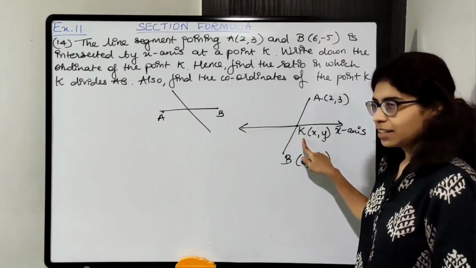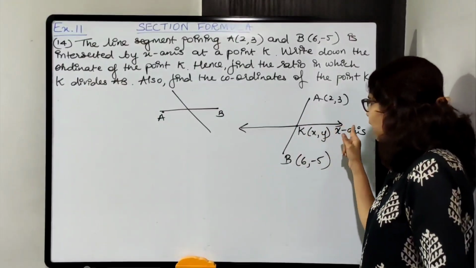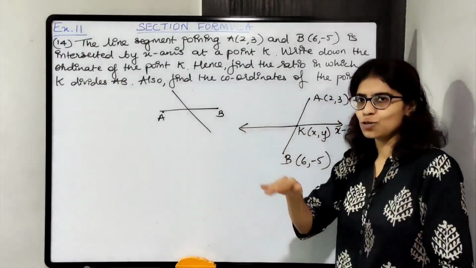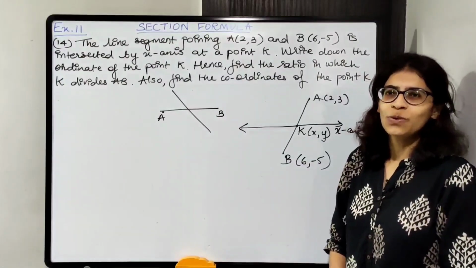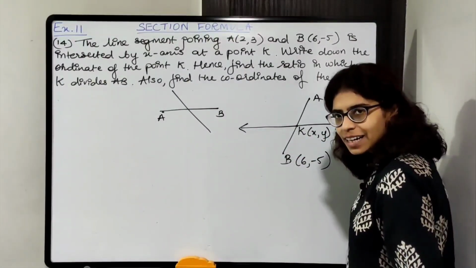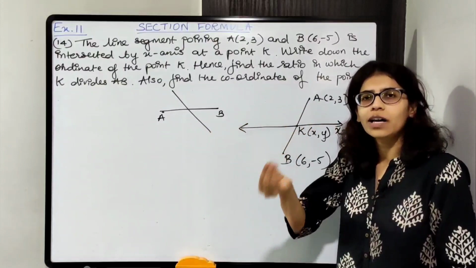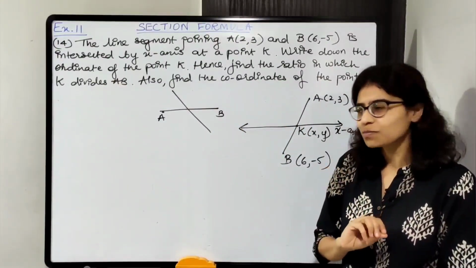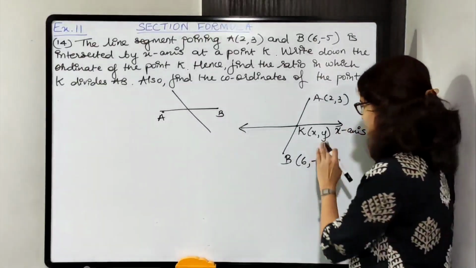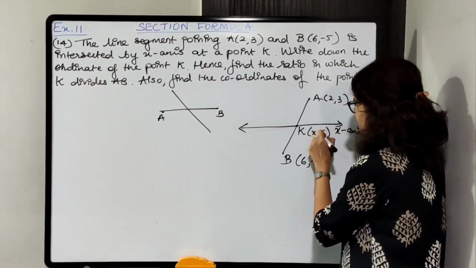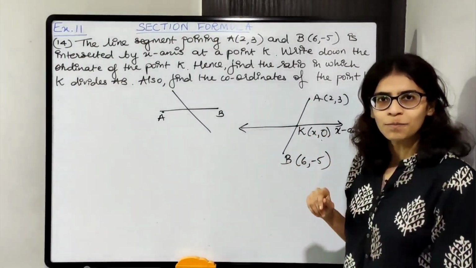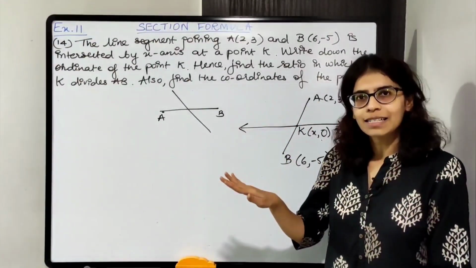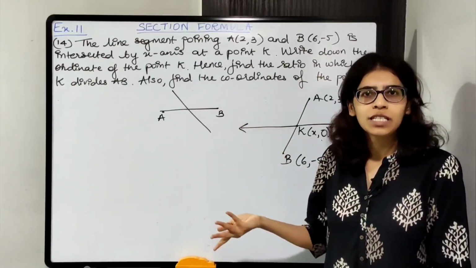Now K is lying on the x-axis. It is lying on AB also. It is lying on x-axis also. So whenever a point is on the x-axis, what will its y coordinate be? Y coordinate will be 0. When any point lies on y-axis, its x coordinate will be 0.